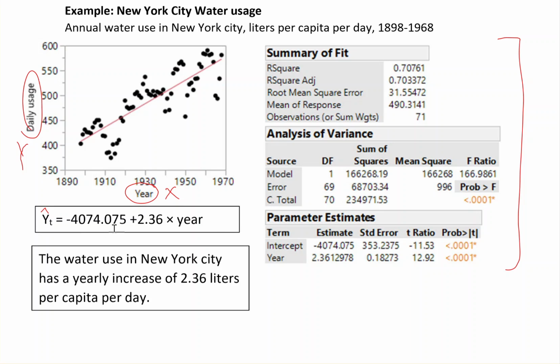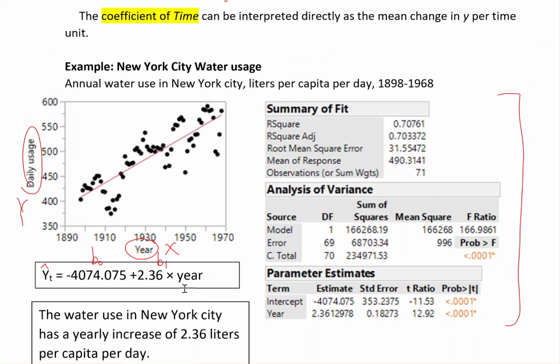This is your b0, this is your b1. For this case, it is not possible for the year to equal 0, so that means it is extrapolation. So we say b0 doesn't have a practical meaning because year cannot equal 0.